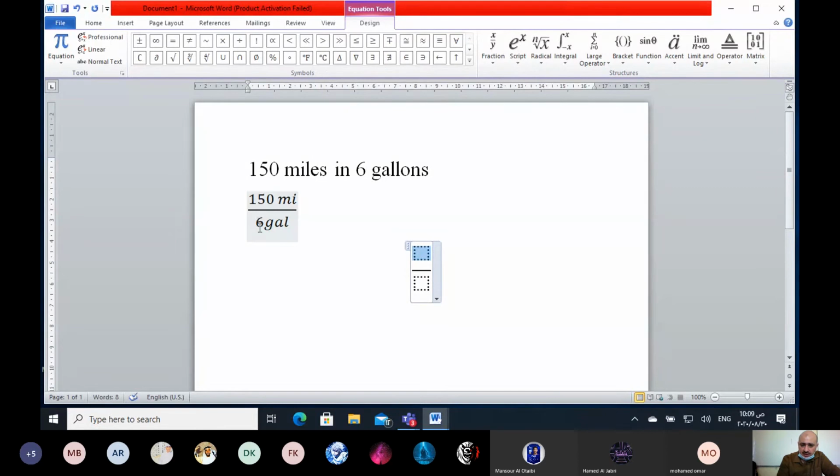Go to the denominator. As you see here, the denominator is 6, so divide up and down by 6. So I can write 150 divided by 6, and down, 6 divided by 6.